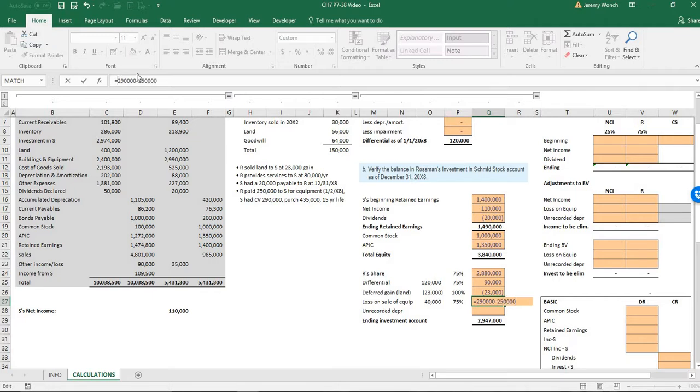So put these in parentheses. So the subsidiary took a loss, and the parent's share of that loss was 75%. So we have to add back that loss because it really didn't happen.